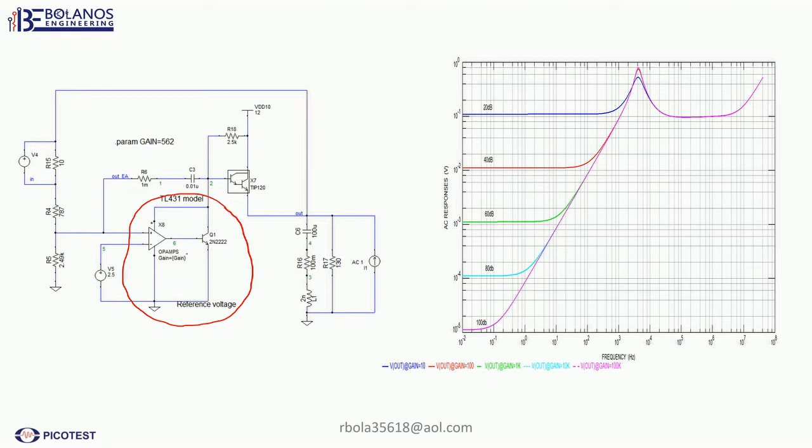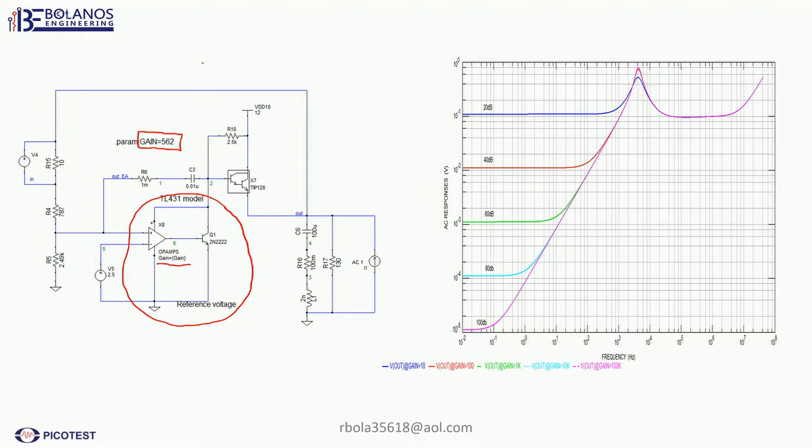The reason I did that is because with this op-amp model, I'm able to program the gain. Here you can see that I programmed the gain to 562 volts per volt.